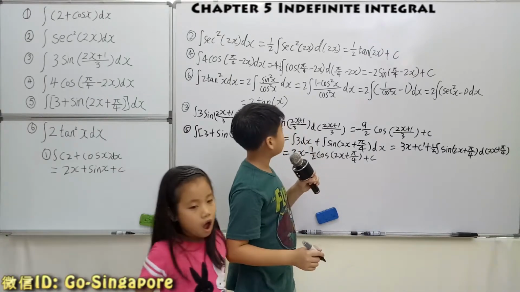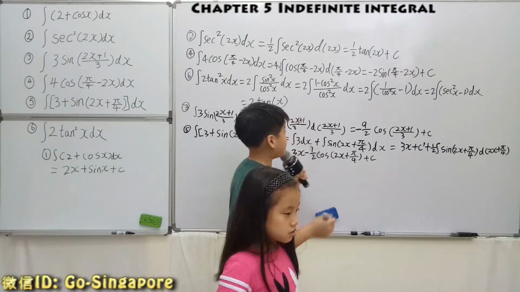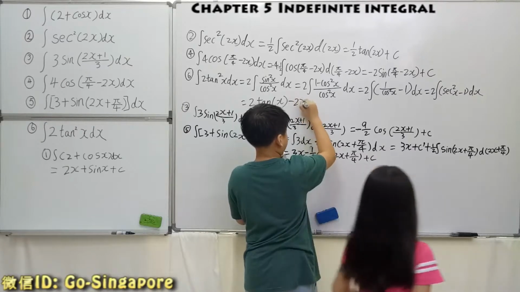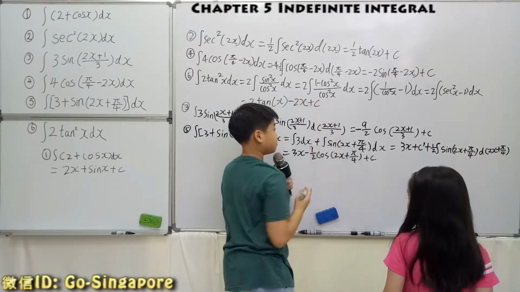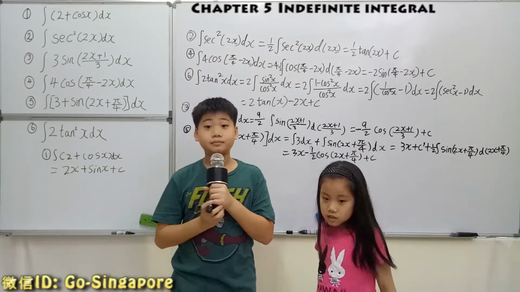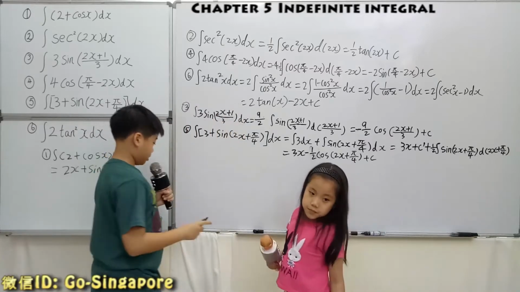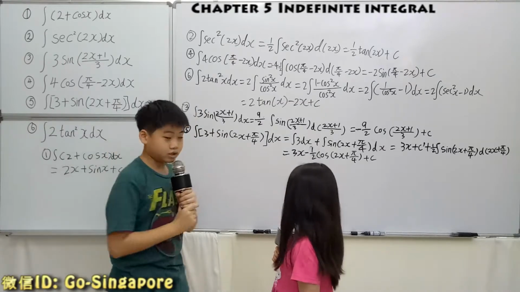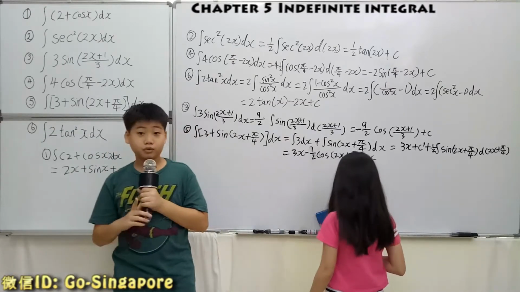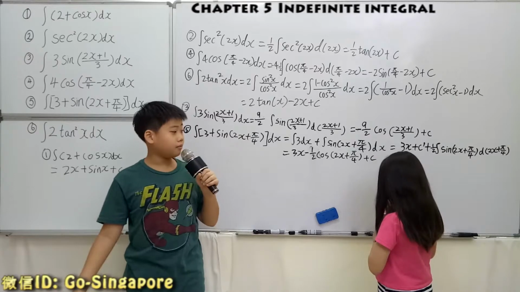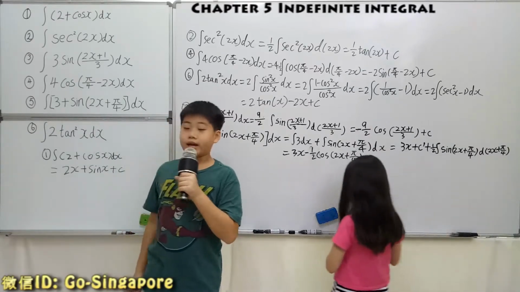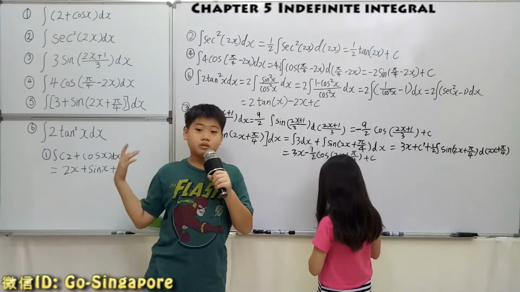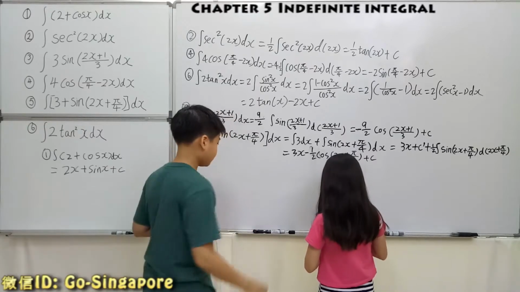So this minus x will actually become a minus 2x, and then you need to plus the c. Correct? Correct. Okay, so everyone can understand these 6 questions. But not the end. Everyone can understand until here? Okay, so next we'll have our own questions. Okay?